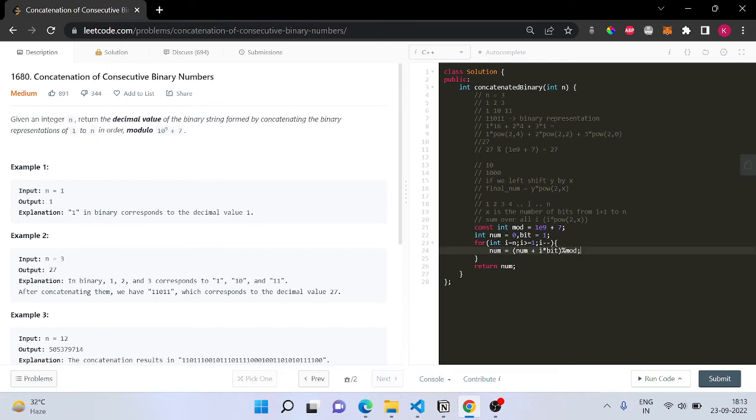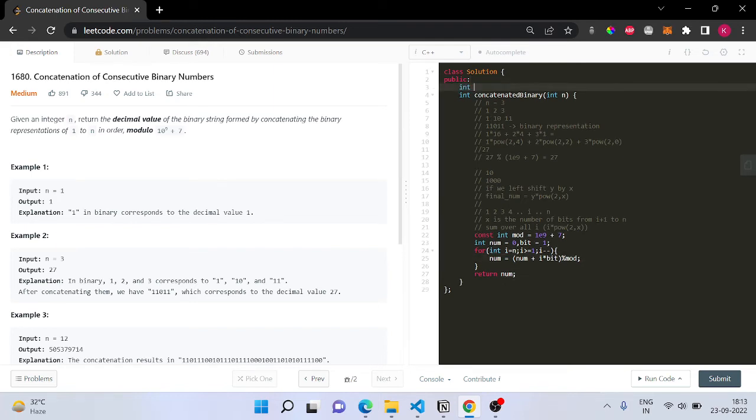Bit is basically how many times I want to multiply the current i. So for example, I have multiplied this 2 by 4, right? And I have multiplied this 1 by 4 into 4, right?